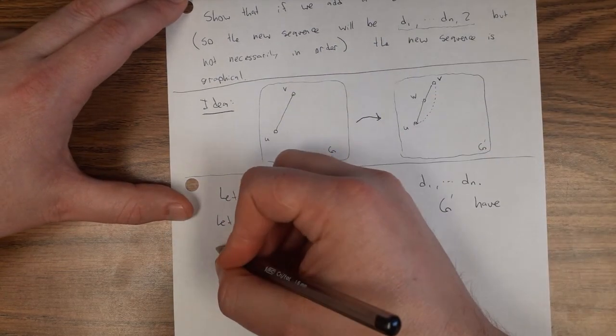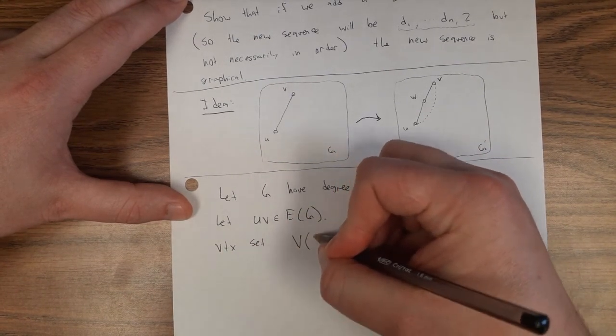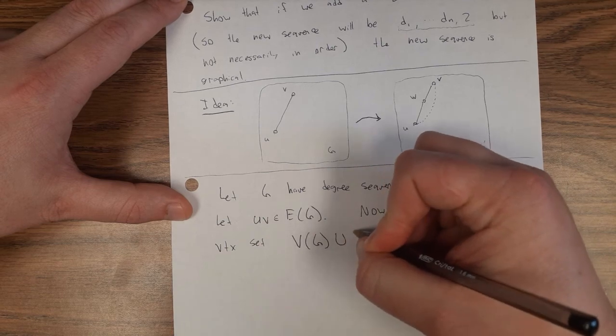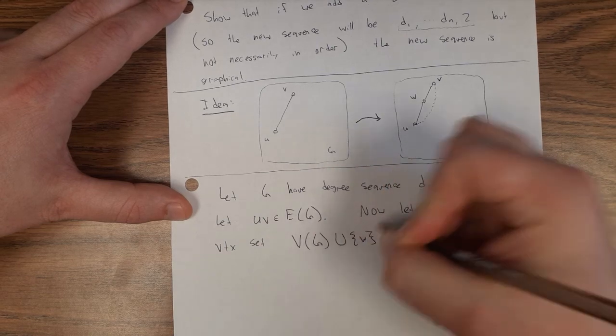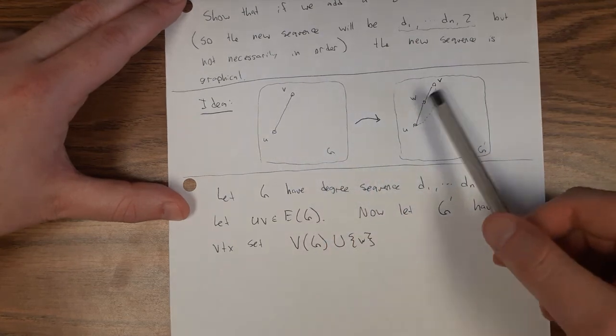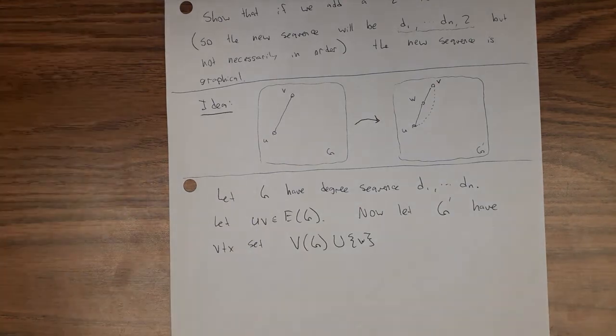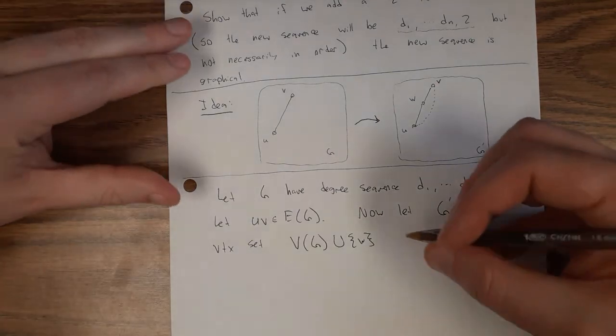Now let G prime have vertex set, well, G prime should have all the vertices from G and a new vertex, W. I'm calling it W, and W is going to be the new vertex of degree 2.